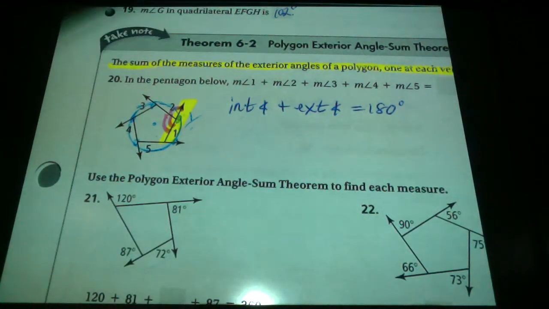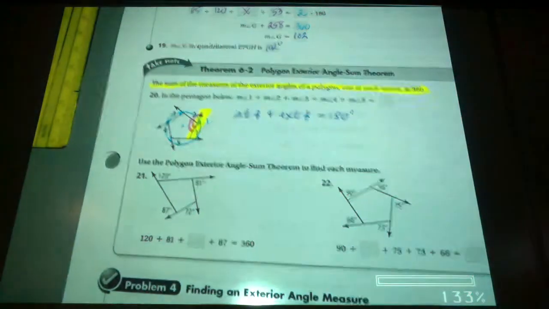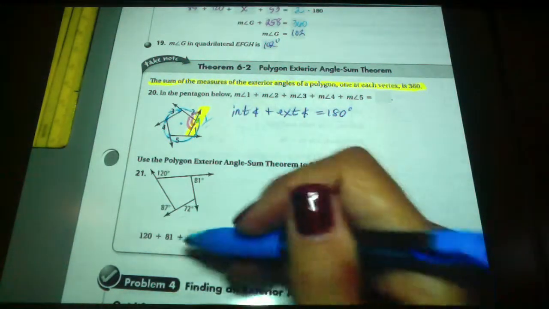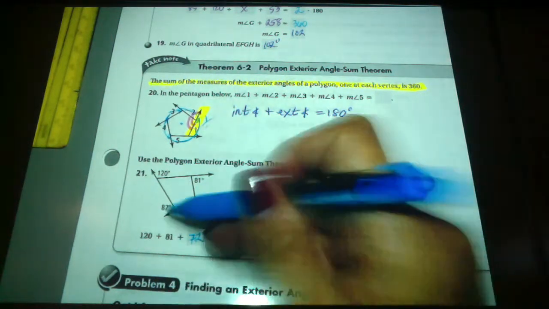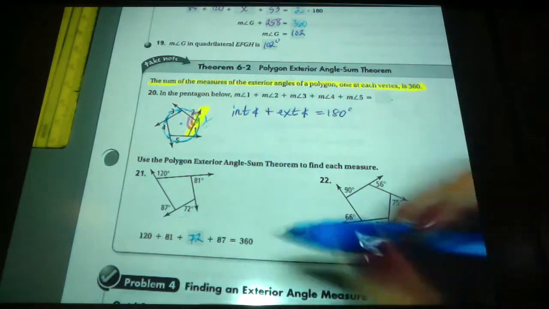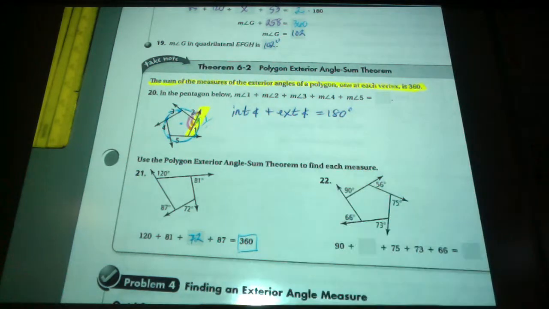let's go ahead and find those. So let's look at 120 plus 81 plus 72 plus 87. Somebody add those up and double check that they do add to 360. Ian, did it?